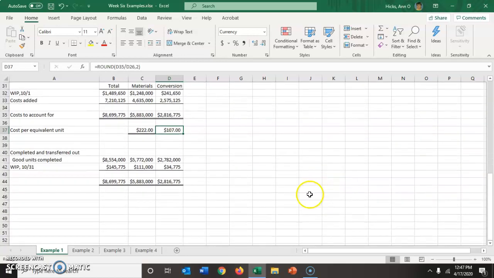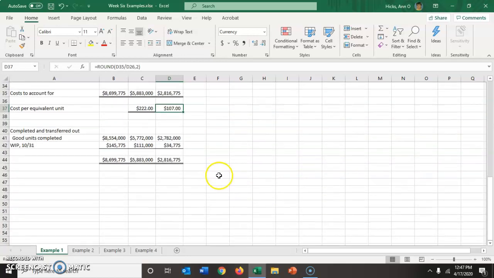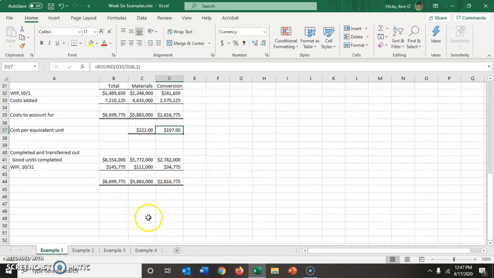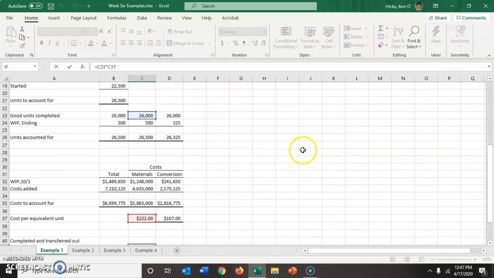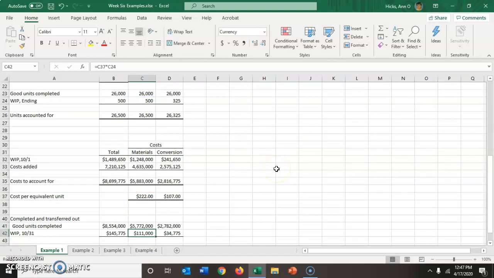Now we are in a position to actually assign these costs to the goods that were completed and the goods that are still in work in process. So, good units completed for materials, all we need to do is to take that $222 cost per equivalent unit and multiply it by the 26,000 good units completed. And that gives us $5,772,000 in materials.